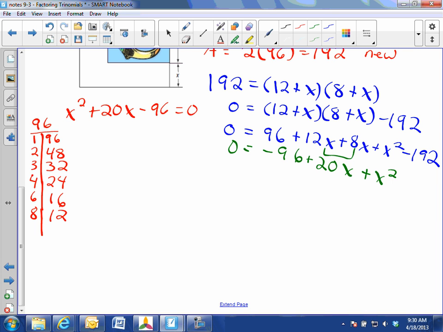Okay, so 9 doesn't work, 10 doesn't, and we're back to 12. All right, so now what? Since we looked at all the factors, what do we look for? We need to find 20.